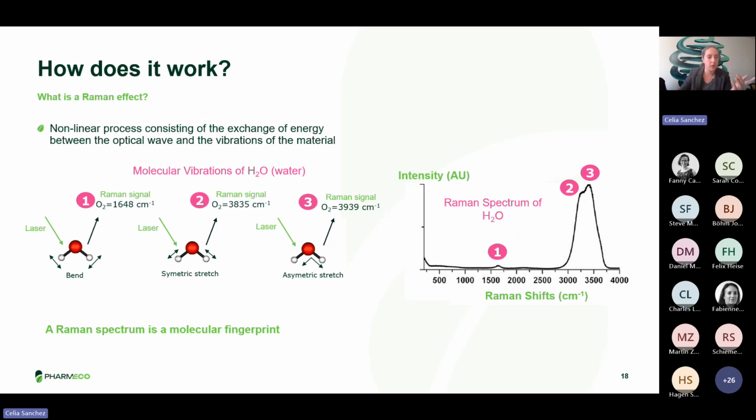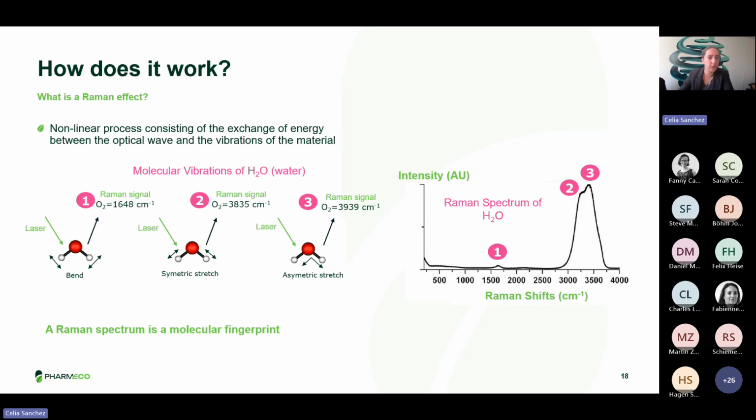If we take the example here of the water molecule, there are different types of vibration, as you can see on the animated GIF. When the light source interacts with those bonds and vibrations, it results in different changes of energy, and as a consequence, there is a change of the color of the light.